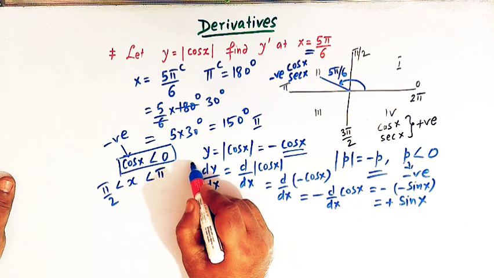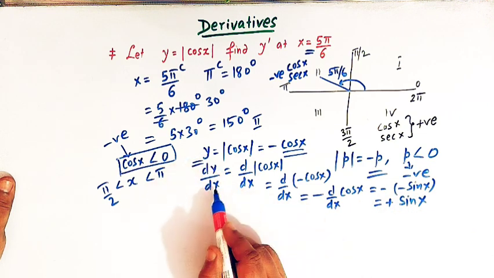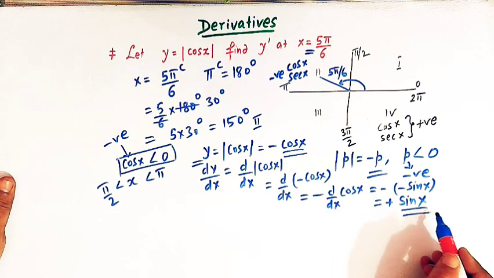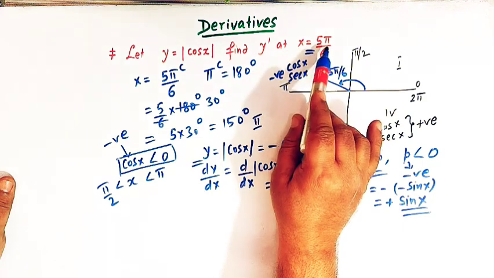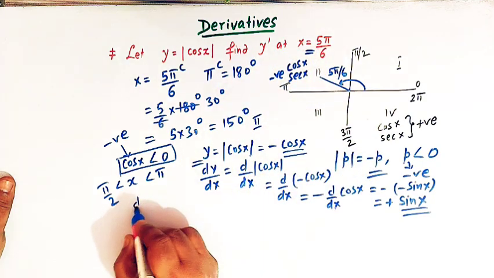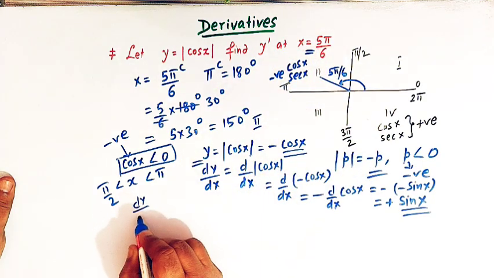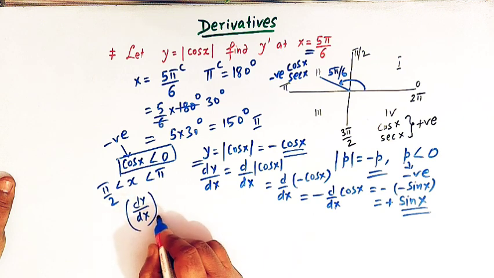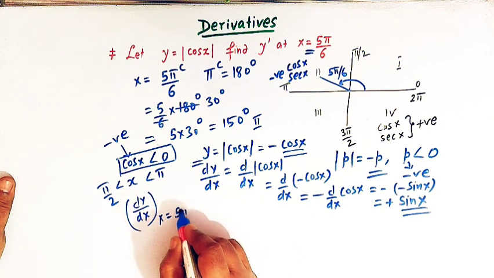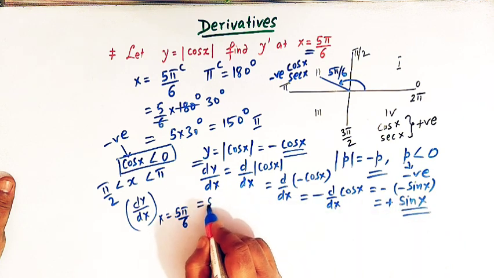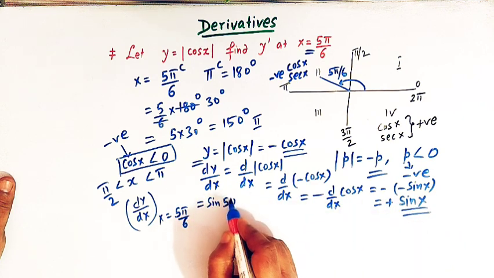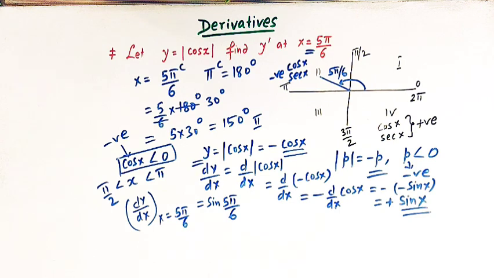So the derivative of y with respect to x is sine x, and we have to find the value of the derivative at this point. So now we can substitute x is equal to 5 pi by 6 in sine x, so we have sine of 5 pi by 6.